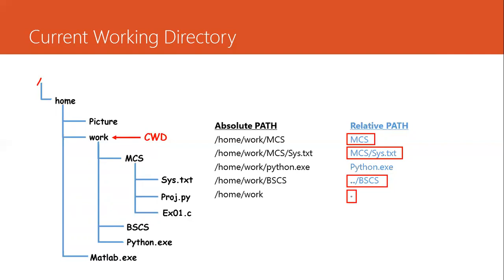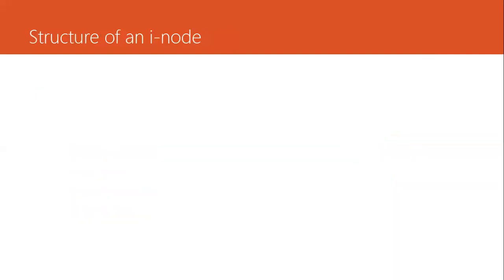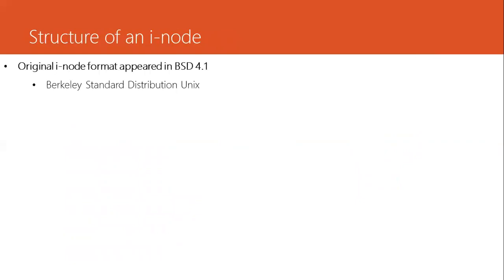So now let's move on to the inode file header. What is the inode structure? The inode structure is the indexed file structure that started out in BSD 4.1 and is used in a lot of systems these days. So what is an inode?